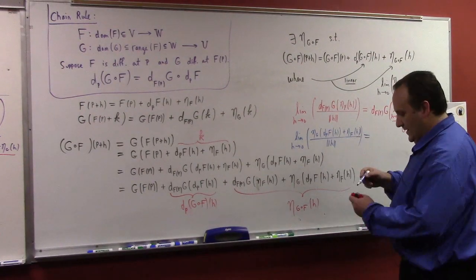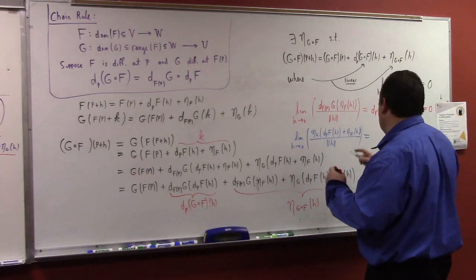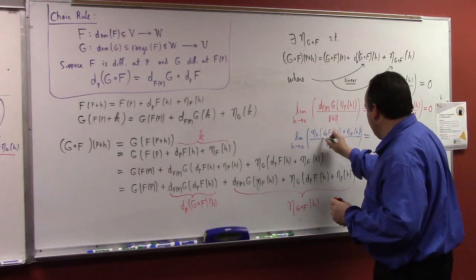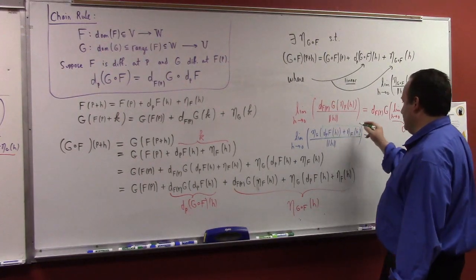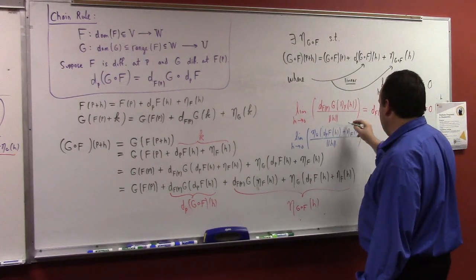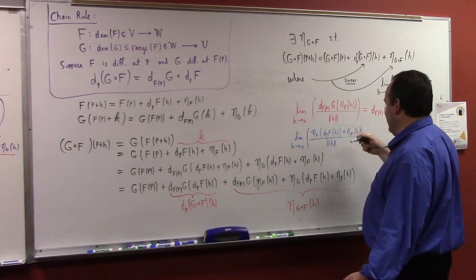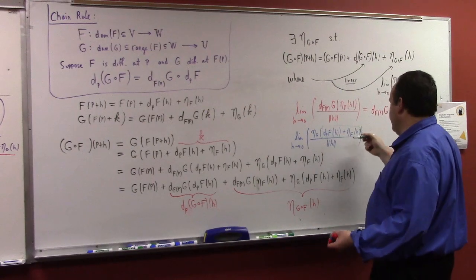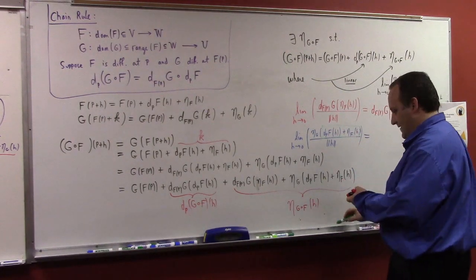So if you look at, I mean, this could be made rigorous, all right? This right here, I need something. Let me call it alpha. Call that thing alpha of h.